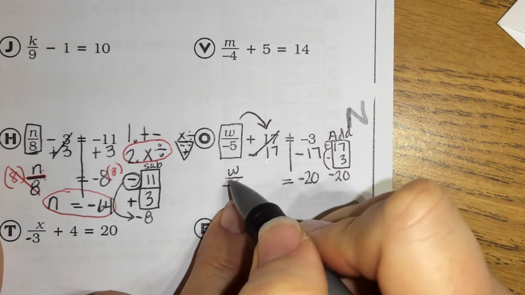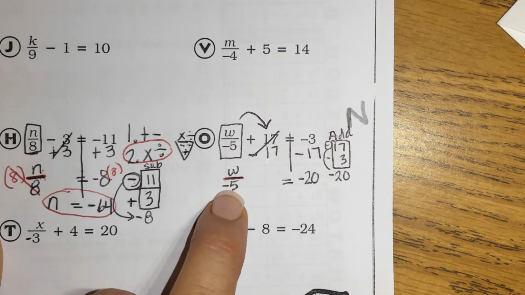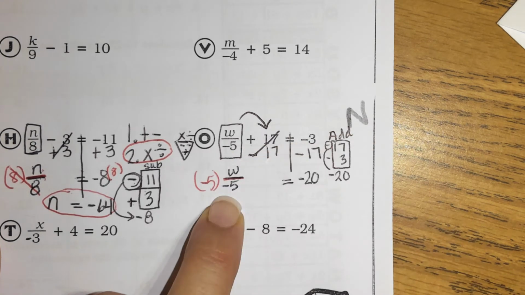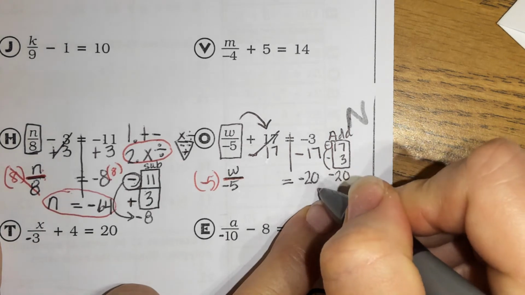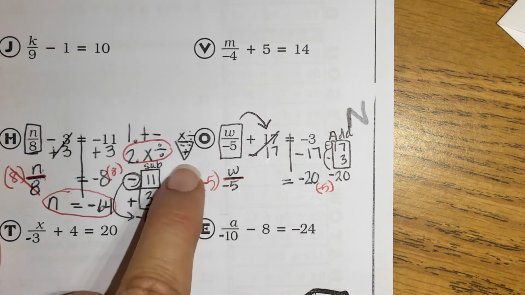So what is the opposite, if my next step is to try to get this W by itself, what's the opposite of divide by negative 5? Multiply by what? Negative 5. So multiply by negative 5. I'm going to use my Mr. Multivision.